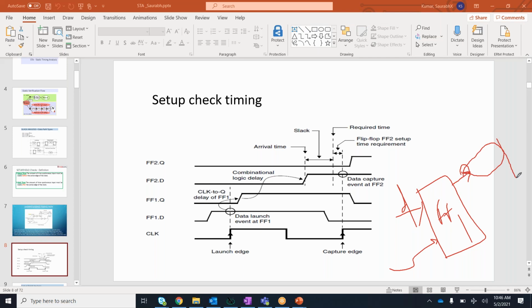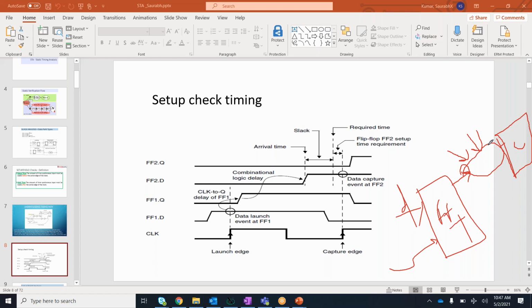So we have data here. It will have some combinational circuit delay to reach this pin. I have this much combinational delay to reach this point. This is called arrival time. So data is going to arrive at the capture end at this time.